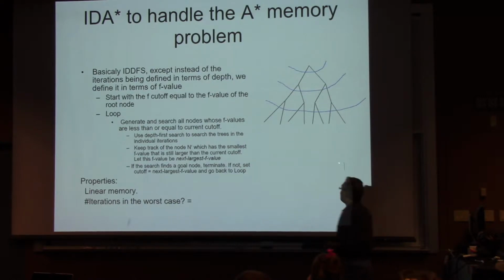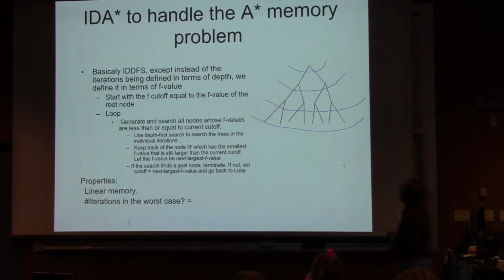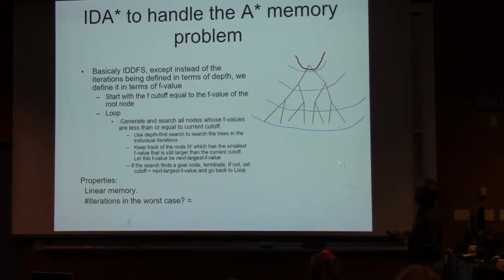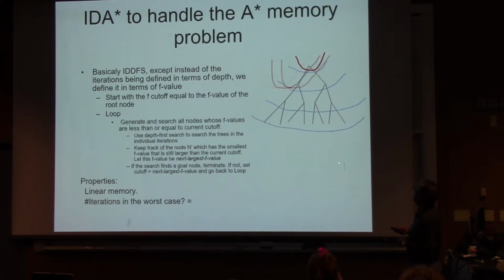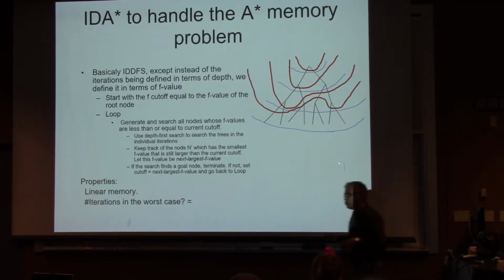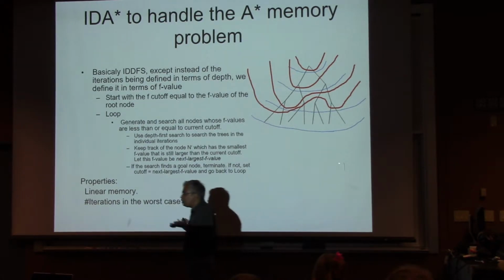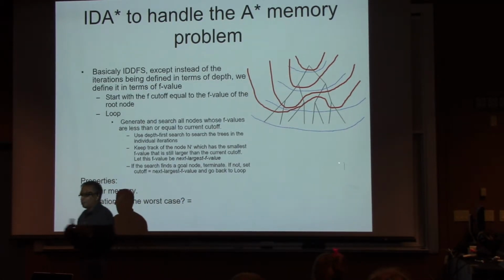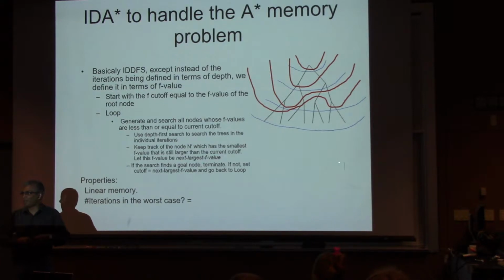And so when you do this, the contours for IDA-star look sort of like that. The red ones are the F values, and they don't have any connection to depth, because the depth of the node and its F value are not proportional to each other.